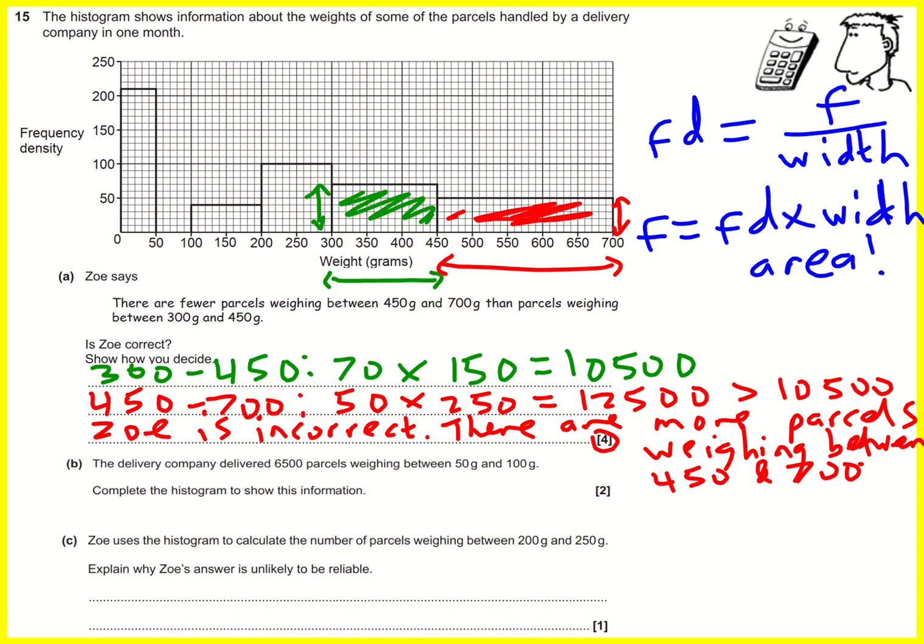Okay, the delivery company delivered 6,500 parcels weighing between 50 grams and 100 grams. That piece is missing from the graph. Complete the histogram to show this information. So the frequency density is going to be this frequency, 6,500, and then I'm going to divide by the width, which in this case is going to be 50.